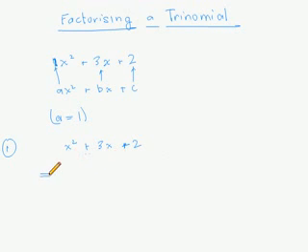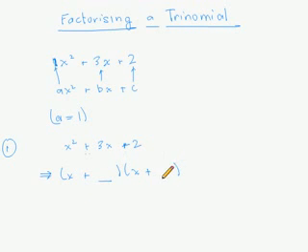Okay, so if we just bracket our two factors, and you have pluses on both these values, your factors will take the form of x plus. Okay, then how do you find these numbers?